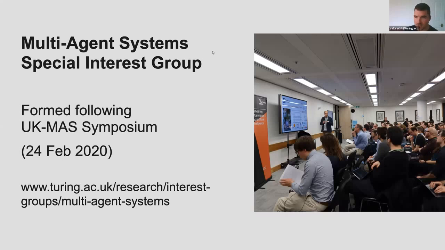We had a lot of people coming together from across the UK, and the idea is that we want to be a national meeting point for university and industry laboratories who are interested in multi-agent systems research or applications. You can find the URL to the website at the bottom of this slide.